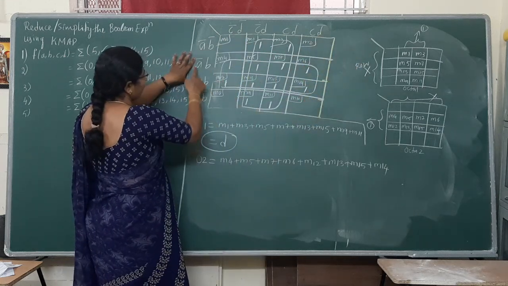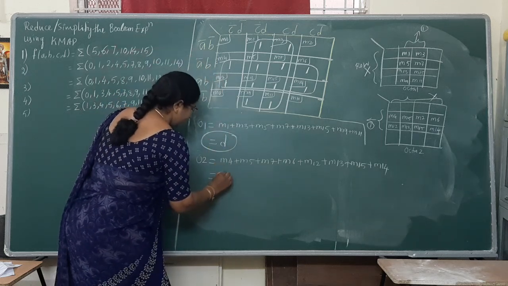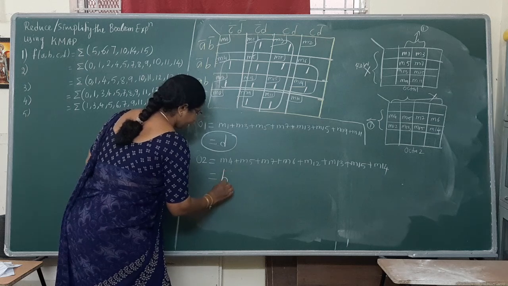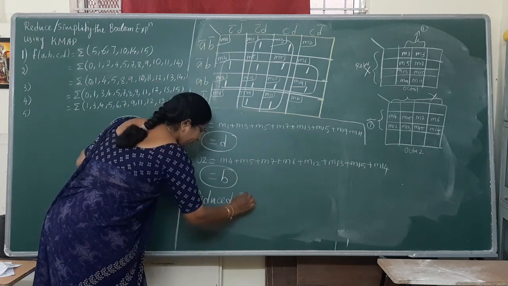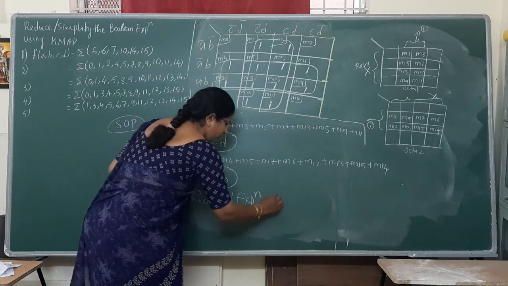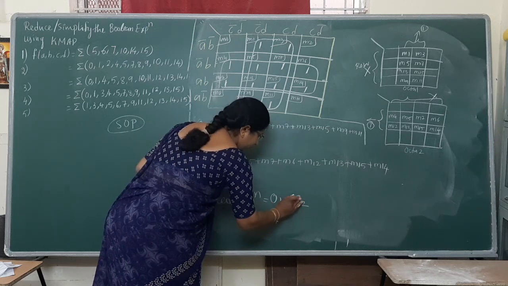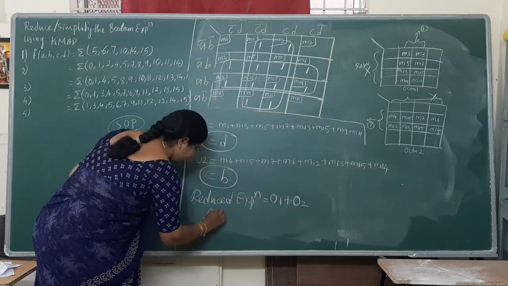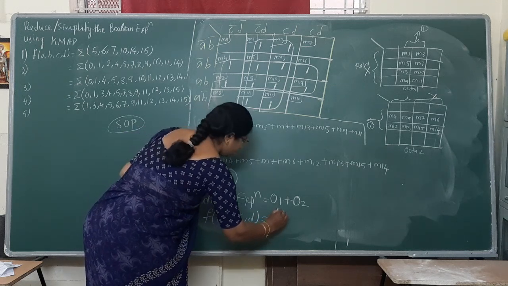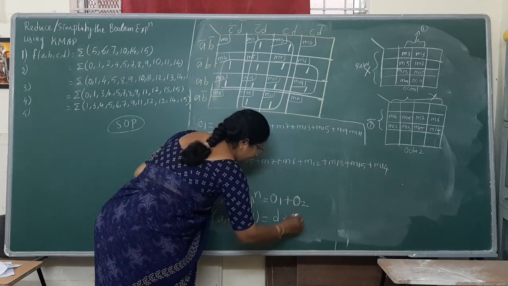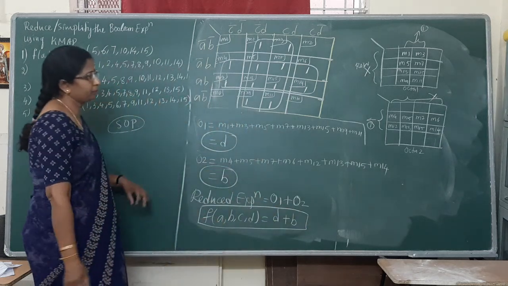Among these two rows, A complement and A get cancelled and we get a common variable B. So a reduced expression equal to octa 1 plus octa 2. What will you get? F of A, B, C, D equal to D plus B. This is your complete reduced expression.